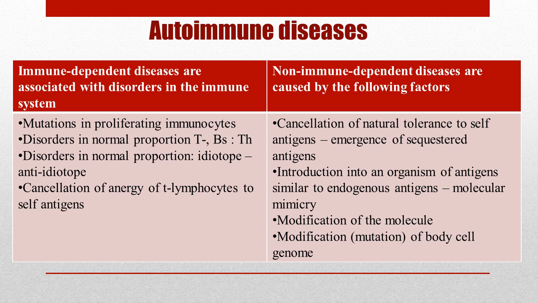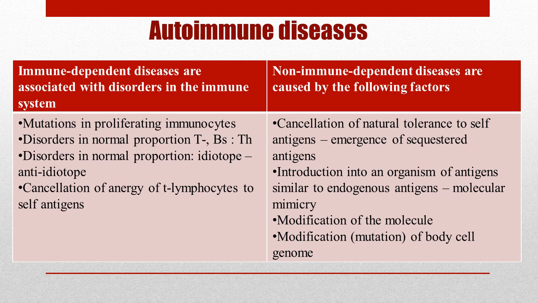Immune-dependent autoimmune diseases are associated with disorders in the immune system, such as mutations in proliferating immunocytes, disorders in normal proportion between T, B suppressors and T helper cells, disorders in normal proportion, isotope and anti-isotope, cancellation of anergy of T lymphocytes to self-antigens.